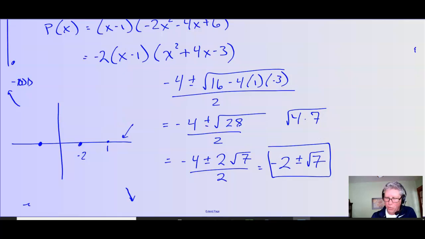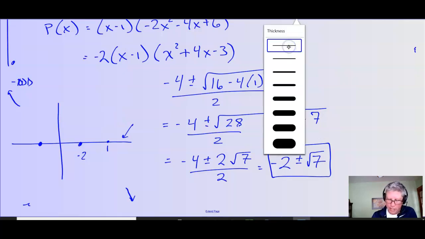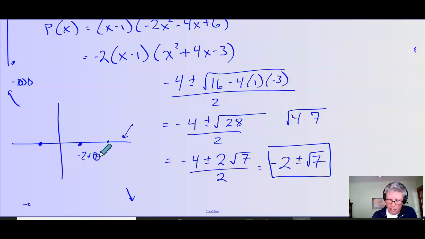Got to be careful. Wow. All right, so this is -2 plus the square root of 7, -2 minus the square root of 7. All right, so here we go. Boom, boom, something like that. All right.